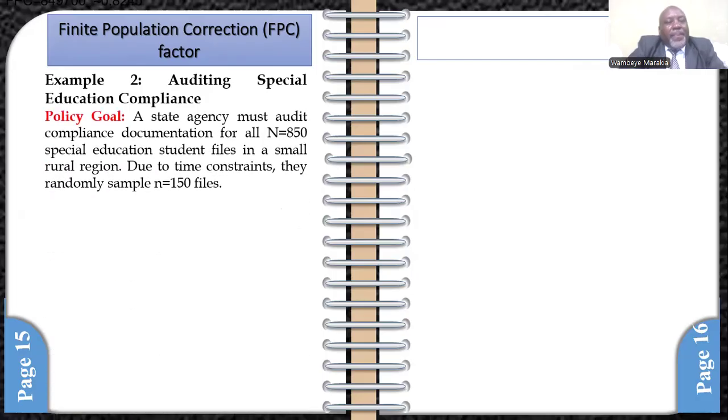It goes: a state agency wants to audit compliance documentation for all 850 special education students in a small rural region. Due to time constraints, the state agency randomly samples 150 files of the special education students.